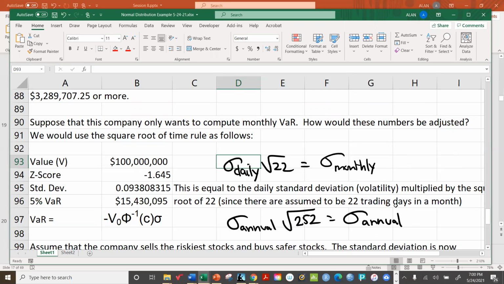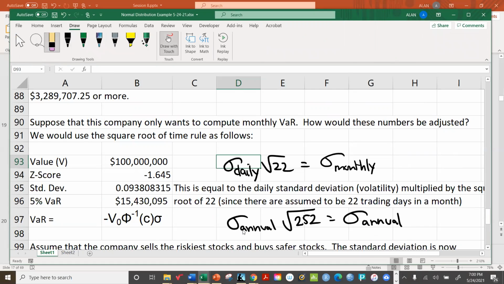It sounds odd, and it's not the same every year, but that's a pretty good estimate. On average, there should be roughly 252 trading days per year. So we can take our, oh, wait a minute, I screwed it up. This should have been daily right here.